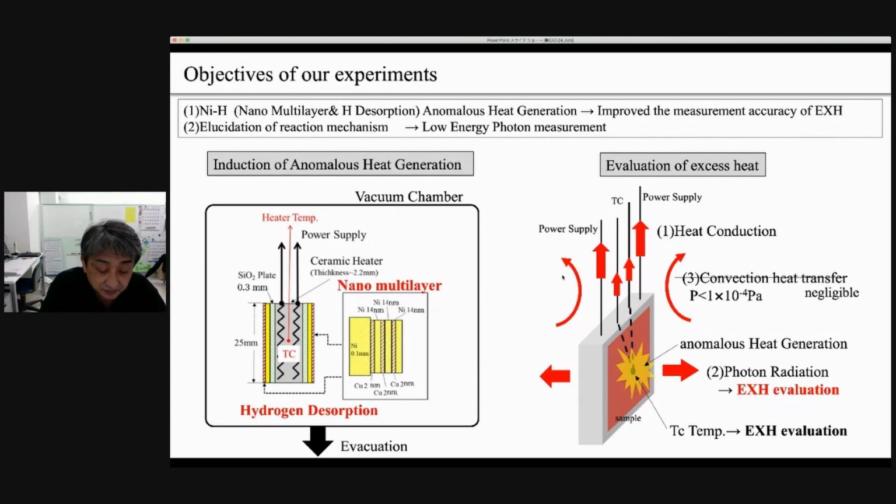Since our experiment is conducted under high vacuum condition, convection heat transfer can be ignored. Therefore, in addition to the thermocouple measurement, more accurate heat measurement is attempted by adding photon radiation from the surface. In tomorrow's session, Professor Kasagi will give a presentation on this.